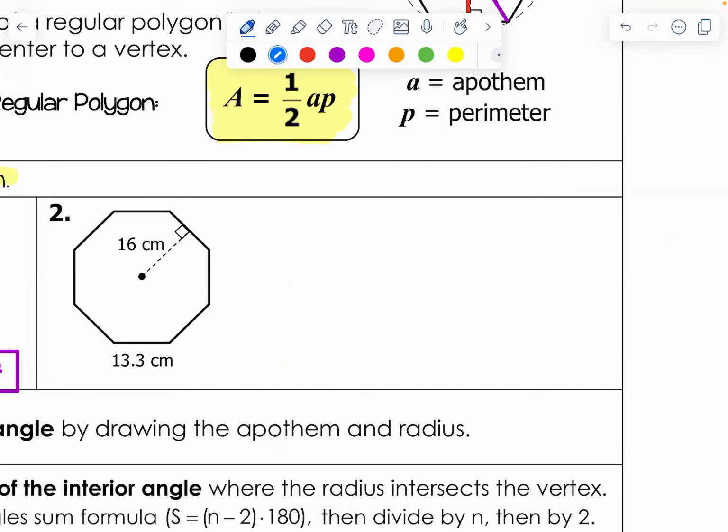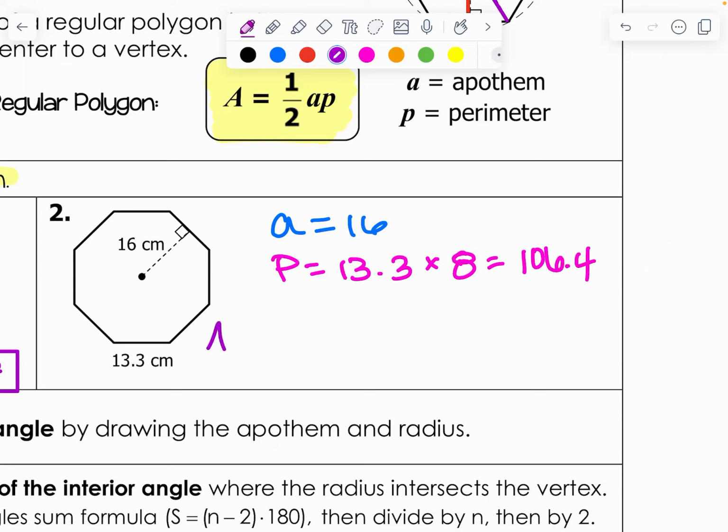Okay, so the apothem is 16. Our perimeter is 13.3 times 8, which is what number? So when you take 1/2 times 16 times 106.4, are you getting 851.2? Yep. And our label is?